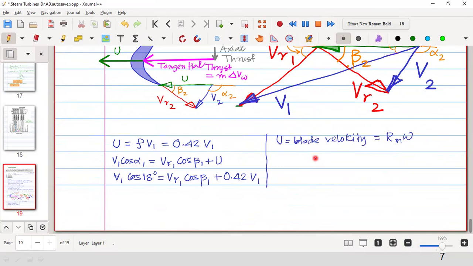So R mean is basically 1.05 meter by 2, multiplied by omega. Omega comes from RPM, which is 3000 divided by 60, multiplied by 2 pi.